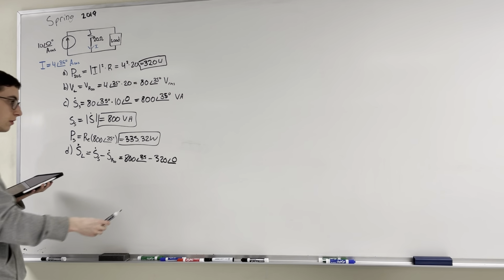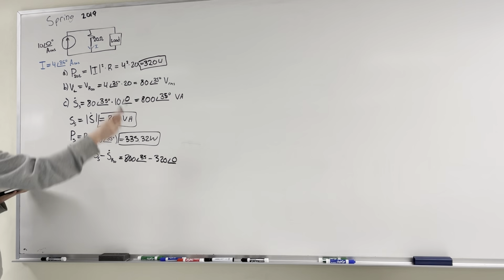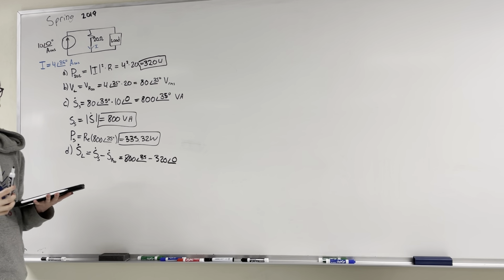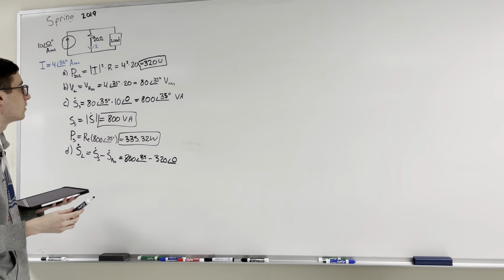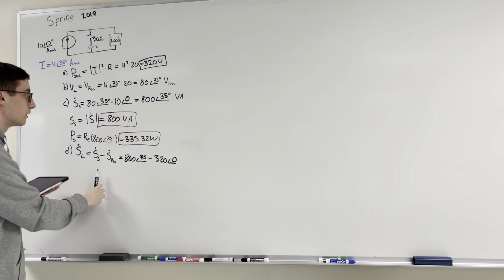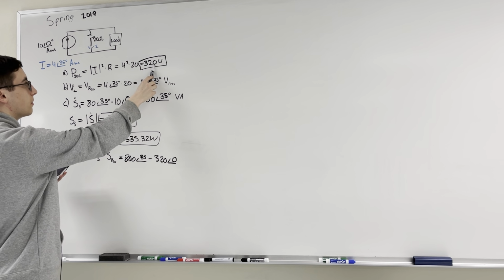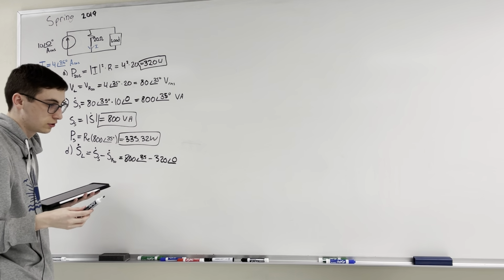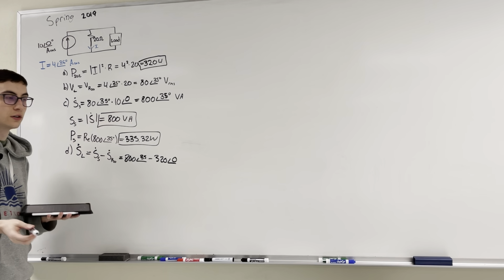How did I get this 320 with a phase angle of 0? Since it is a resistor, it is purely resistive, so the only thing that accounts for its complex power is its average power, which is 320 watts. So I just put that in, and since it's a resistor, it has a 0 phase angle.